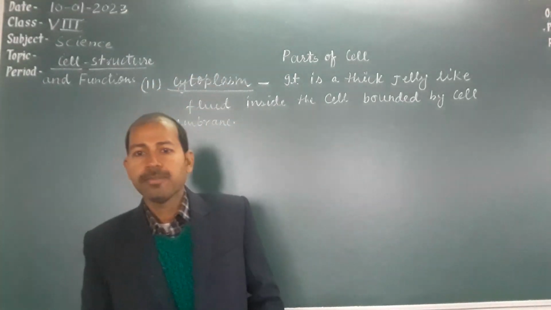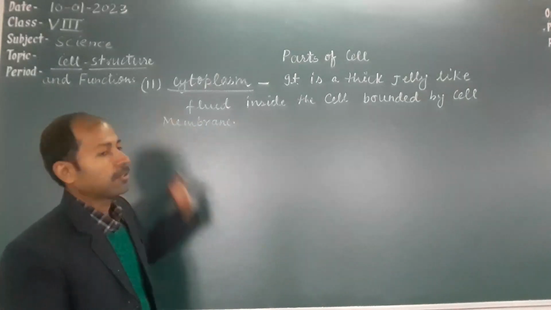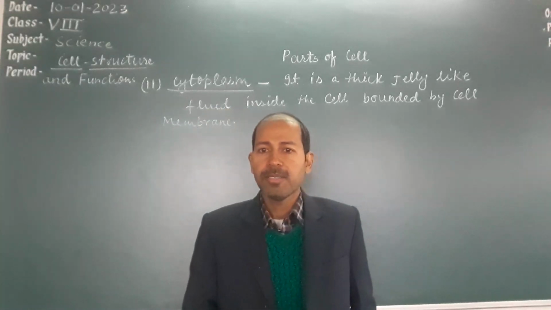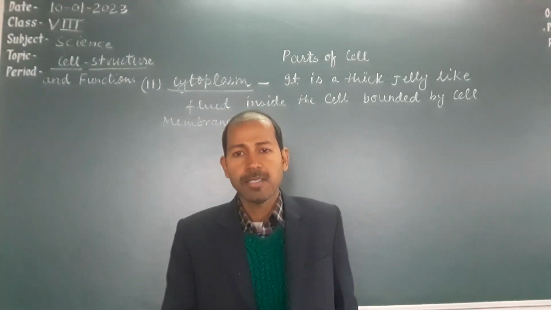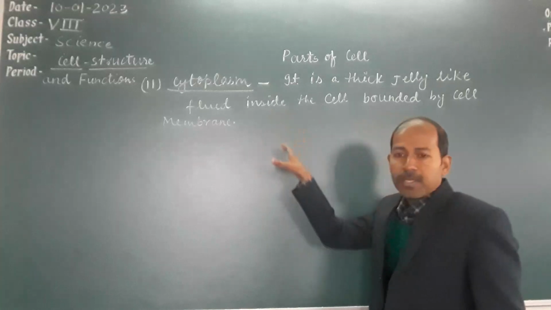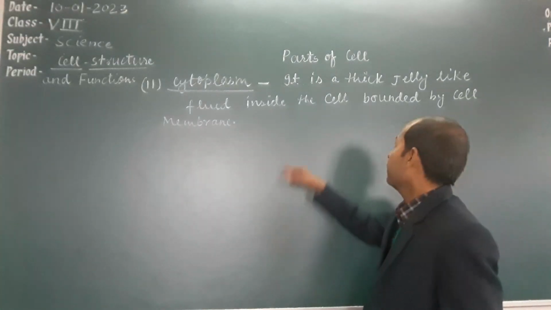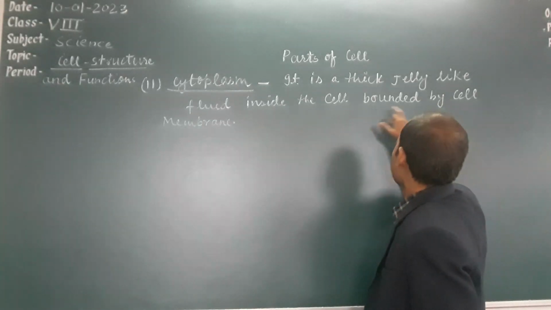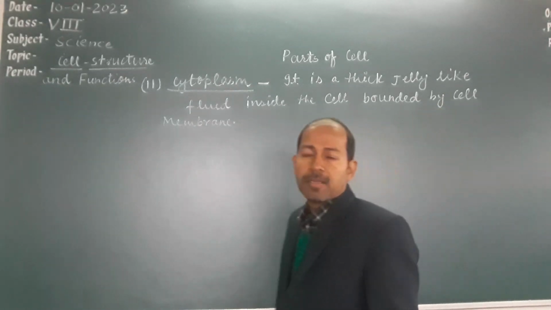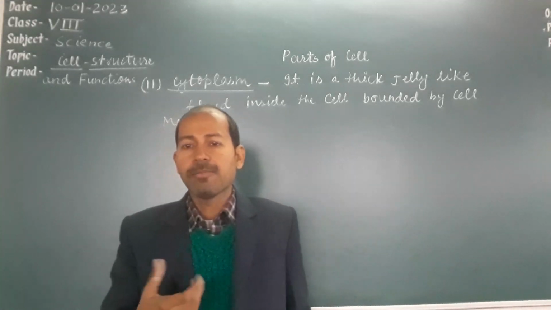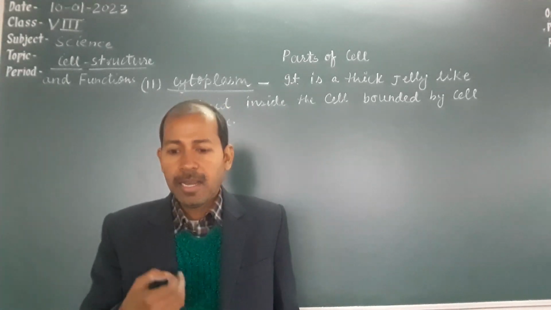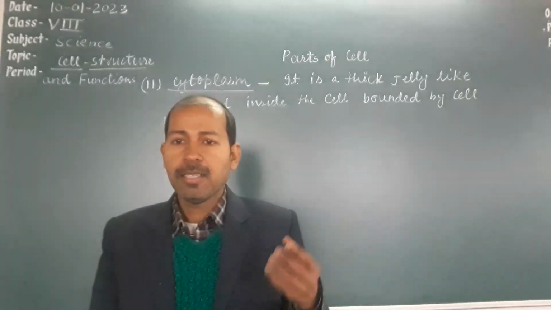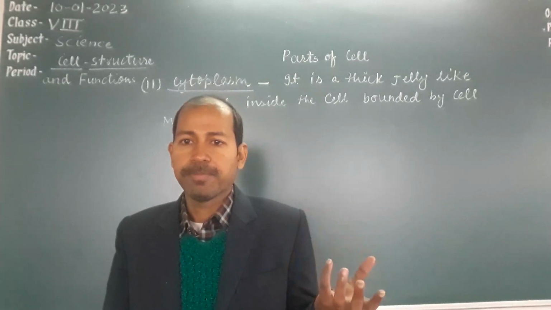The second part of the cell is the cytoplasm. Cytoplasm is the second part of the cell and it is the most important part of the cell. The definition of cytoplasm: it is a thick jelly-like fluid inside the cell bounded by the cell membrane. We can say it is the liquid component of the cell, and inside the cytoplasm all cell organelles are embedded or floating.